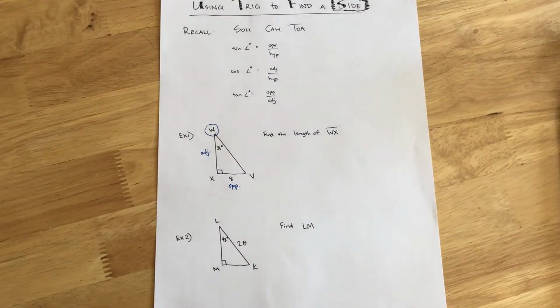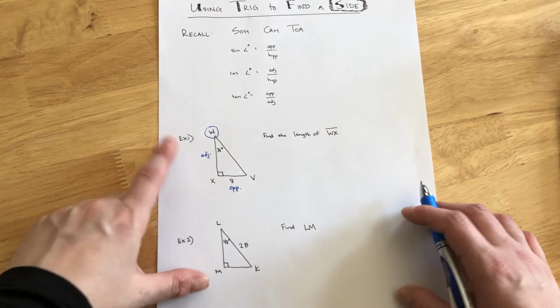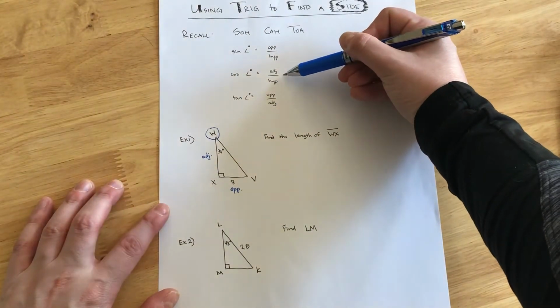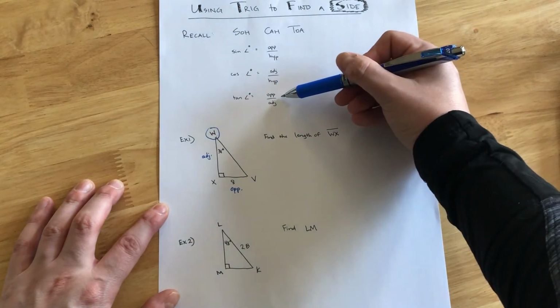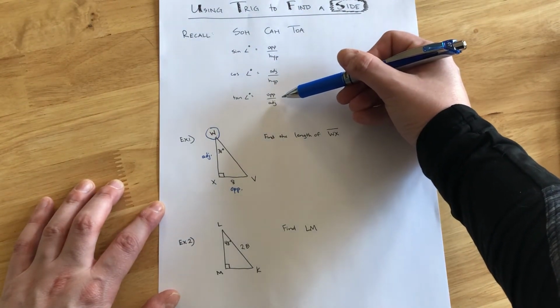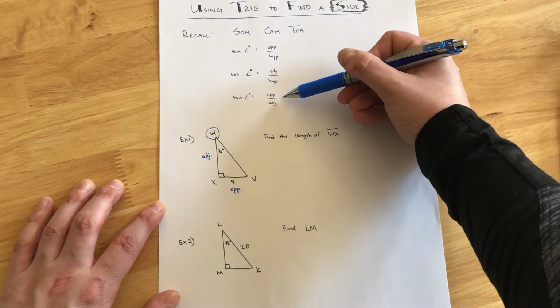We don't care about the hypotenuse. The 2 sides that I've marked, opposite and adjacent, belong to one of our 3 trig ratios. Obviously, the opposite and the adjacent both get used in the tangent ratio.